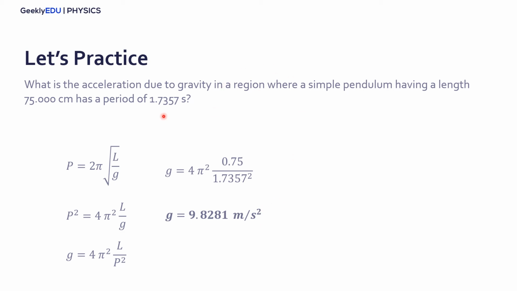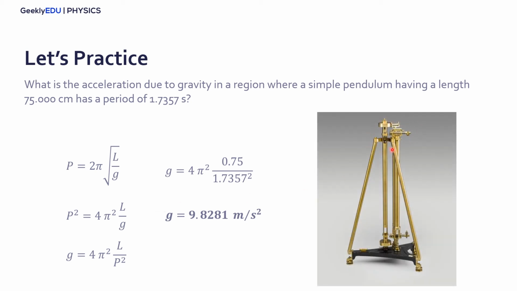Notice also that for these small angles we have a very precise result. We can calculate the gravity very precisely, okay? Because the error is generally less than 1% for small angles like this, and this is exactly how the old equipments we had to calculate gravity used to work.